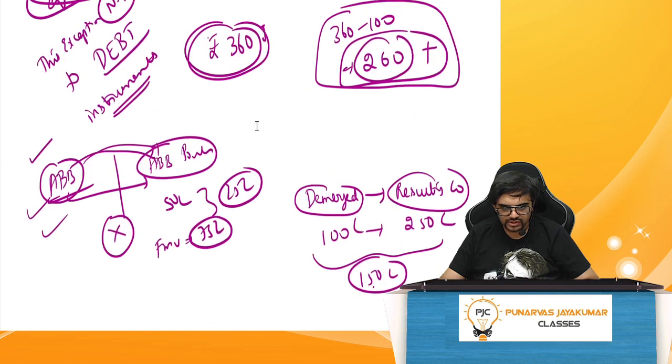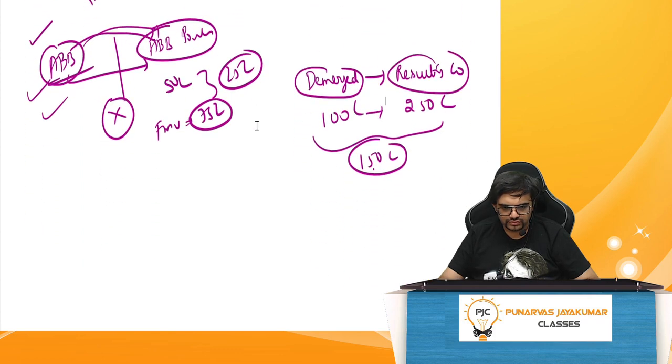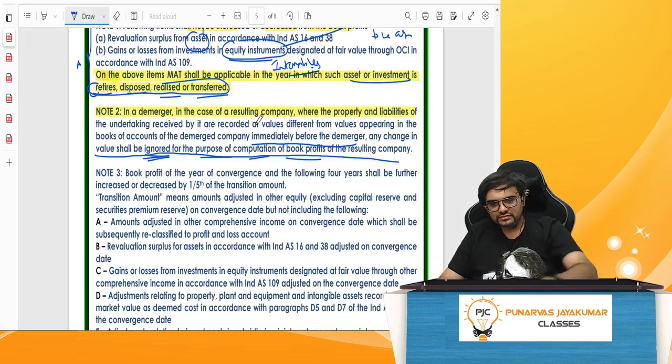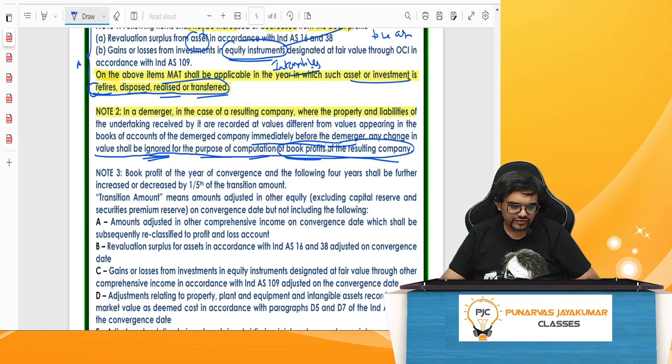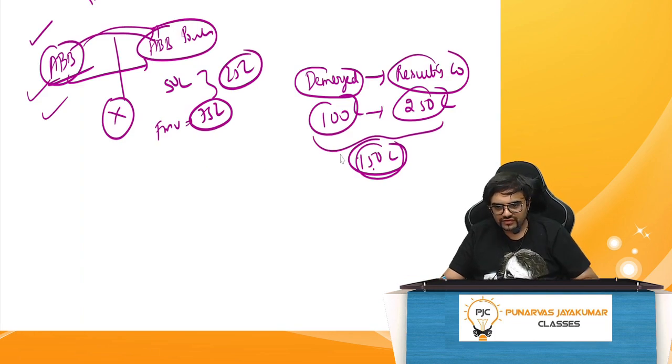Now this example, as I told you, this 100 lakh, 250 lakh, this 150 lakh. This gain will be reduced from where? So if you see here, it shall be ignored for the purposes of the resulting company. Book profits of the resulting company means what, guys? This 150 will be subtracted from the demerged company.